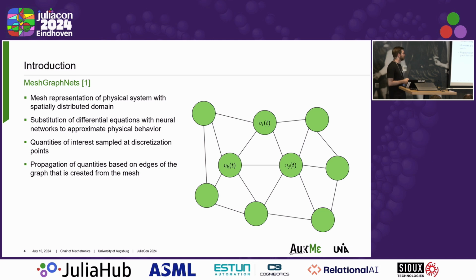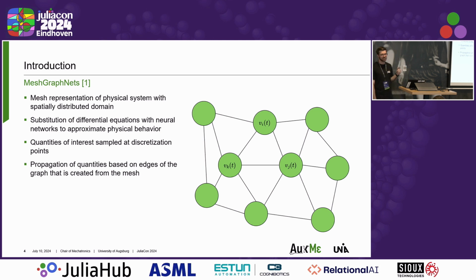And you can represent that domain with a mesh, as you saw, and you can translate that into a graph. And like a NeuralODE, you substitute the differential equations with a neural network to speed up the process mainly. So these are designed for surrogate models to speed up the process of simulation.